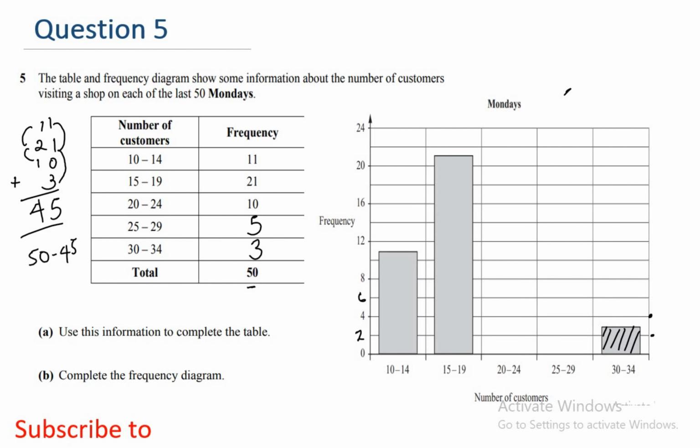All right, use this information to complete the table, which I've done. Complete the frequency diagram. So let's locate 5. This is 4. Between 4 and 6 is 5. So the table will be this. Then down and down.